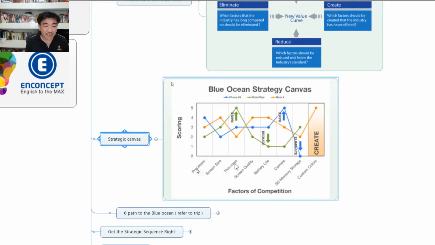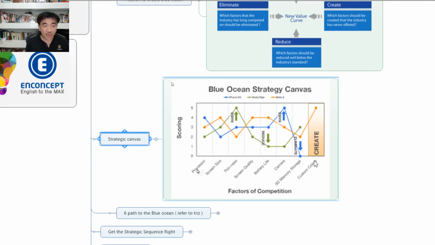The second one is raise, for example thinness. Some manufacturers try to make the phone very thin, so those people who feel it matters to them will buy those thin phones. Or some companies reduce, meaning they make battery life less so the overall weight improves.